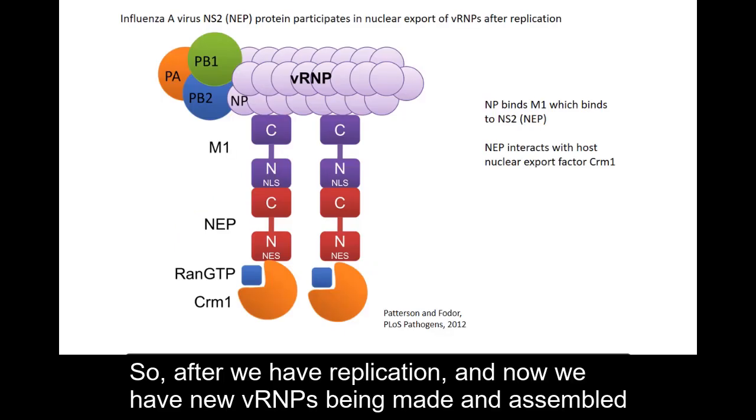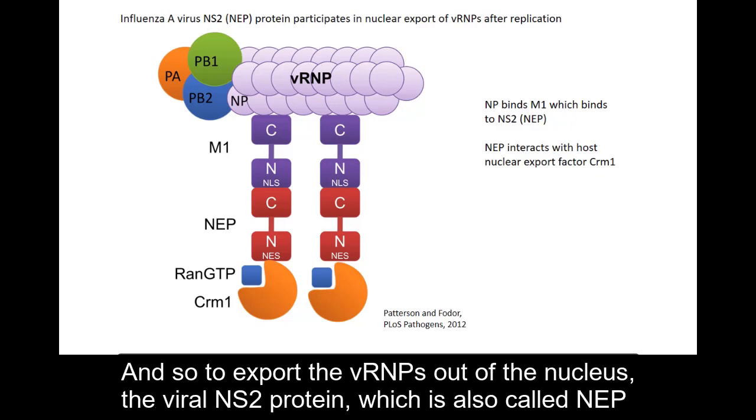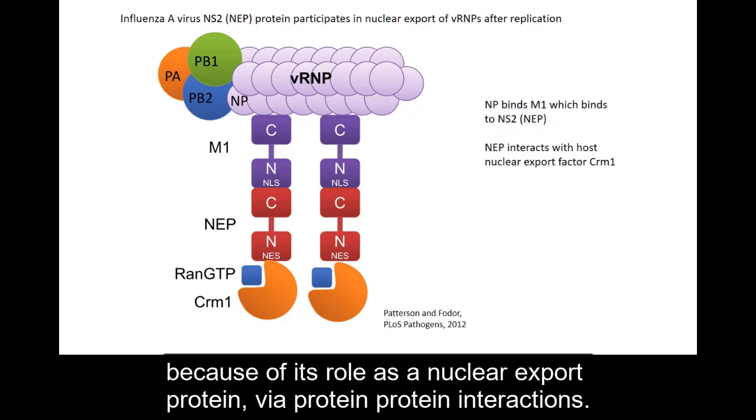So after we have replication, and now we have new vRNPs being made and assembled in the nucleus, they need to be exported so that assembly can occur. And so to export the vRNPs out of the nucleus, the viral NS2 protein, which is also called NEP because of its role as the nuclear export protein, works via protein-protein interactions.